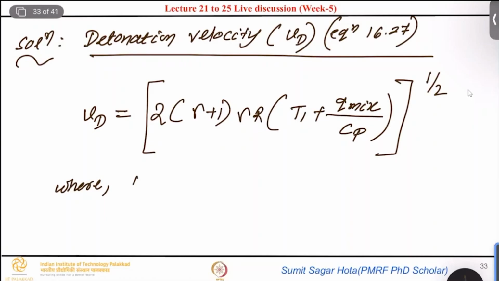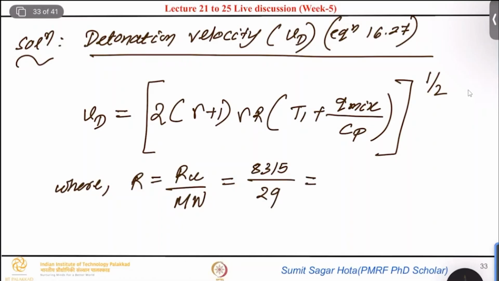Where R is equal to Ru divided by molecular weight is equal to 8315 divided by 29, which is 286.7 joule per kg Kelvin.